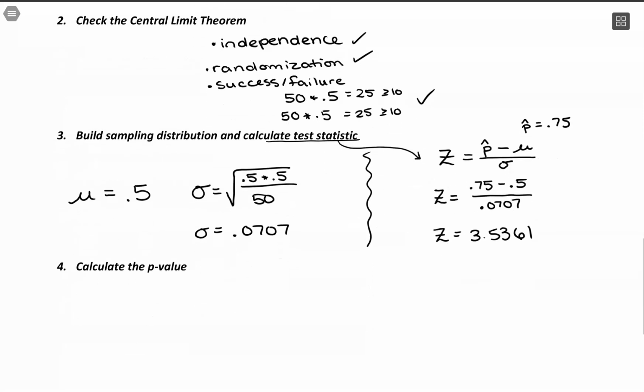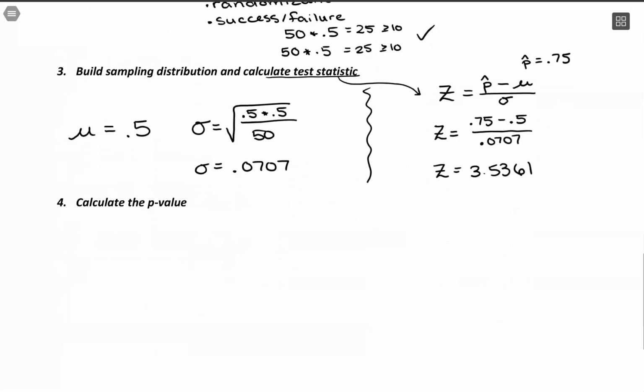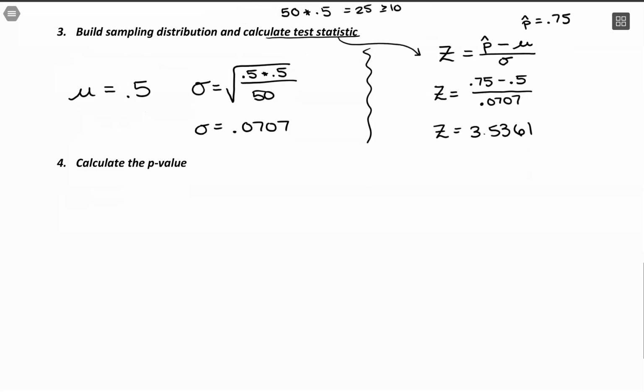All right, so calculating the p-value, I'll show you both ways of how you can go about this. I'm going to use directly that sampling distribution that we made, centered at 0.5, standard deviation of 0.0707.